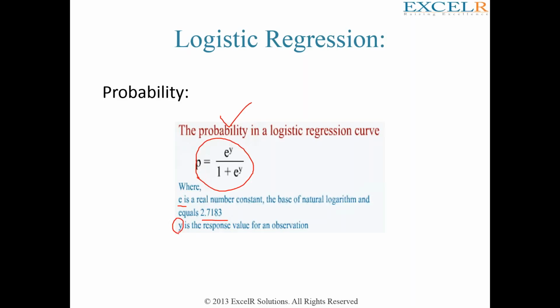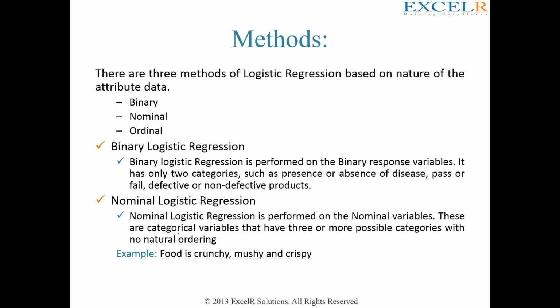These are the things we discussed yesterday, just a recap, right? There are three methods of logistic regression: binary, nominal, and ordinal. Binary logistic regression has binary response variables with two categories: presence or absence of disease, pass or fail, defective or non-defective products, things like that.